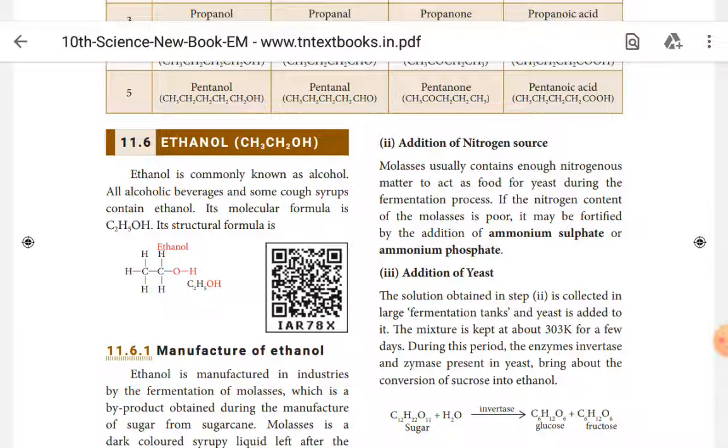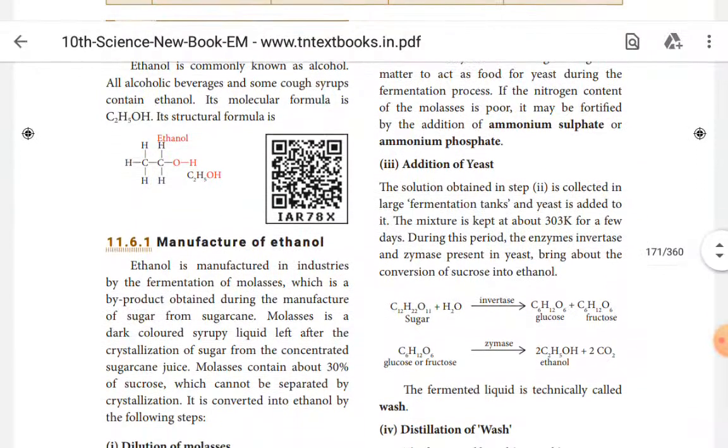That is invertase. So first invertase acts upon sugar molasses to convert it into glucose and fructose. Then the second step, the other enzyme zymase acts upon glucose and fructose to convert them into ethanol and carbon dioxide. Ethanol and carbon dioxide.